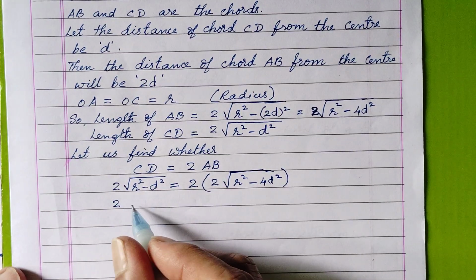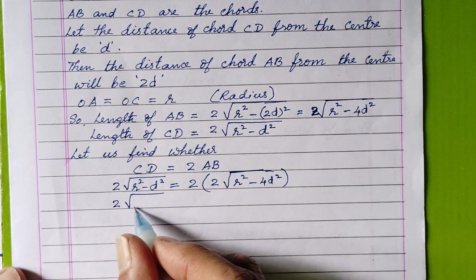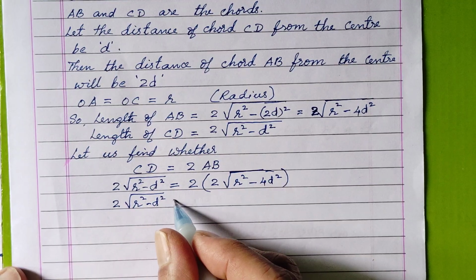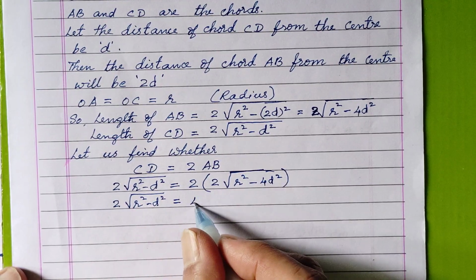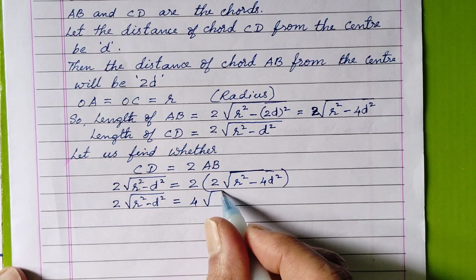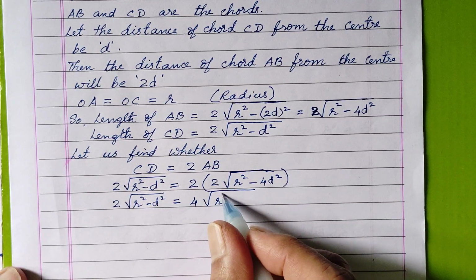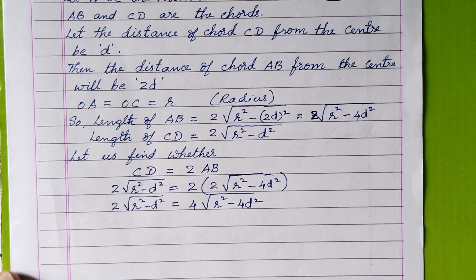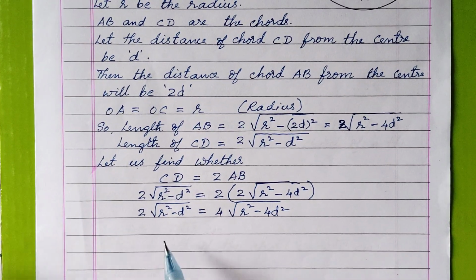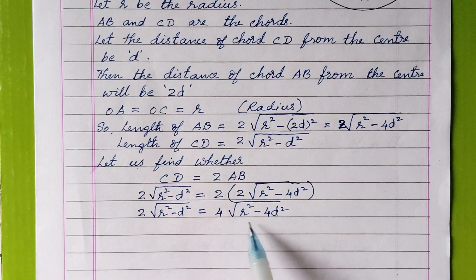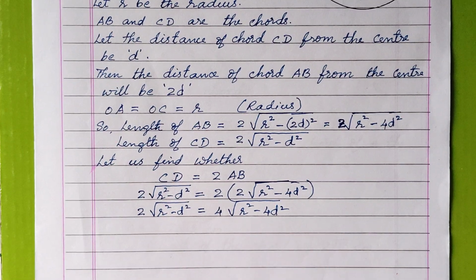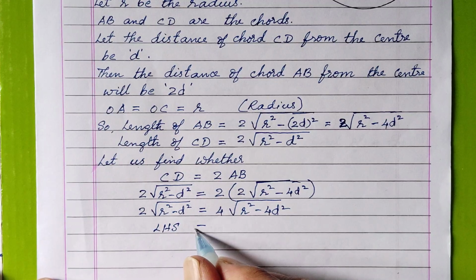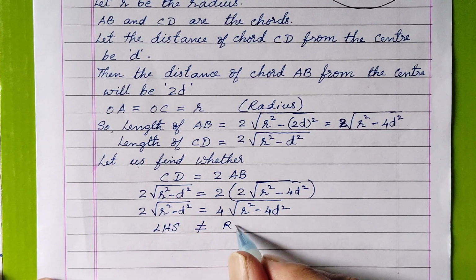So twice of root R square minus D square should be equal to 2 into 2 root of R square minus 4D square. You can see here the left hand side is not equal to the right hand side. LHS, left hand side, is not equal to RHS.